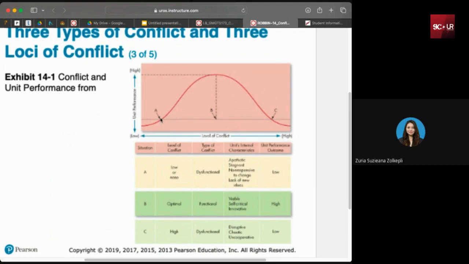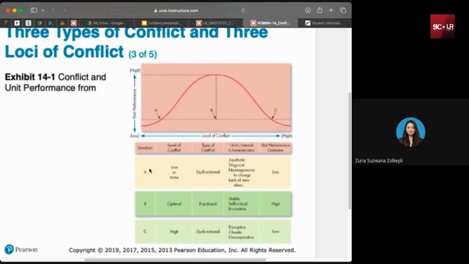So in the situation where level of conflict is still low, research says that in terms of unit performance, it can be low as well, right? It can be low as well. And then situation B is an optimal one, meaning that there are some conflicts in the workplace, and when we turn the conflict into the benefits that we have learned just now, it can improve the performance.